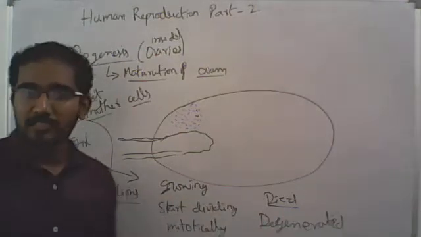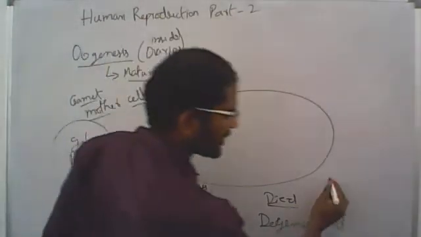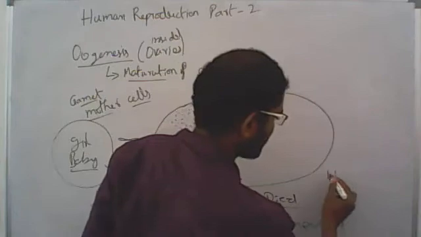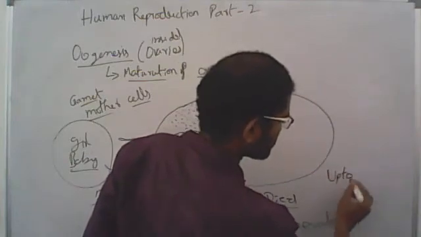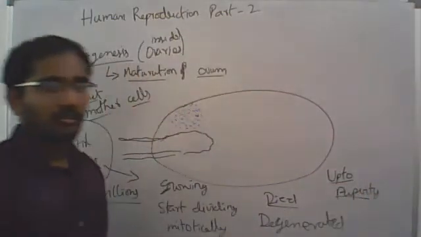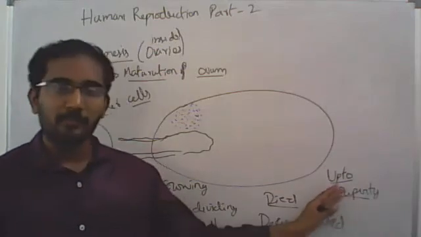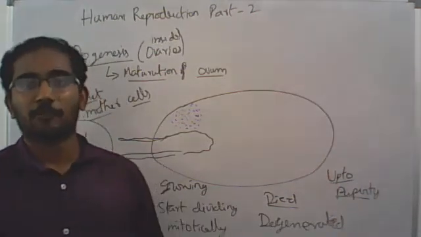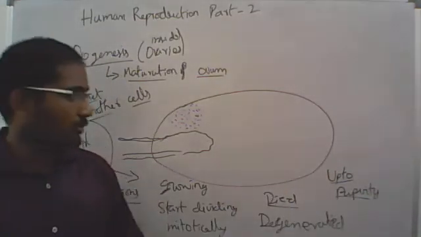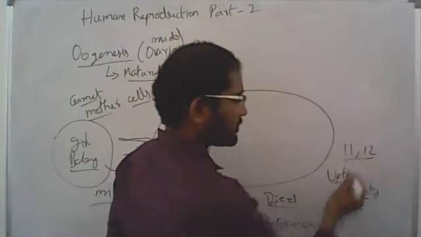Up to which level, sir? Up to their puberty age. Up to puberty, this was the only phase for gamete mother cells. Puberty is when a human being becomes ready for reproduction. The general puberty age in females is around 11 or 12.